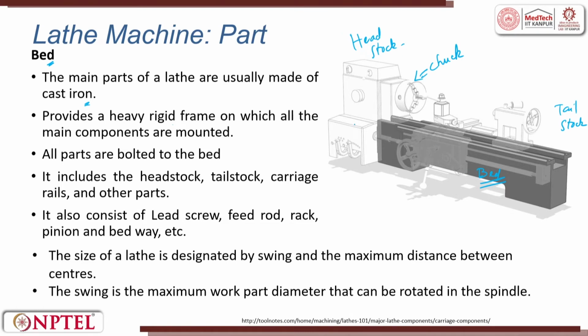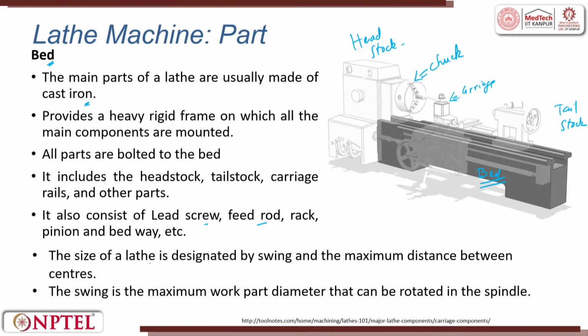It includes the headstock, tailstock, carriage, which is this, and the lead screw, feed rod, etc. It also consists of lead screw, feed rod and rack and pinion on the bedway. The rack and pinion is attached to the carriage. You have a rack, and when you rotate it, the rack helps you in moving.